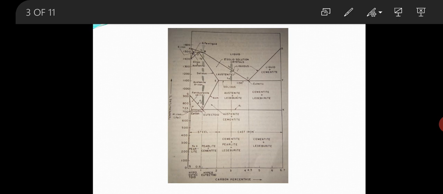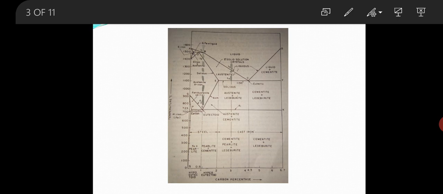A, B, C, D is the liquidus line because above this the alloy is in the form of liquid, and along this line solidification starts. And along the line H, J, E, C, F, the solidification is complete.